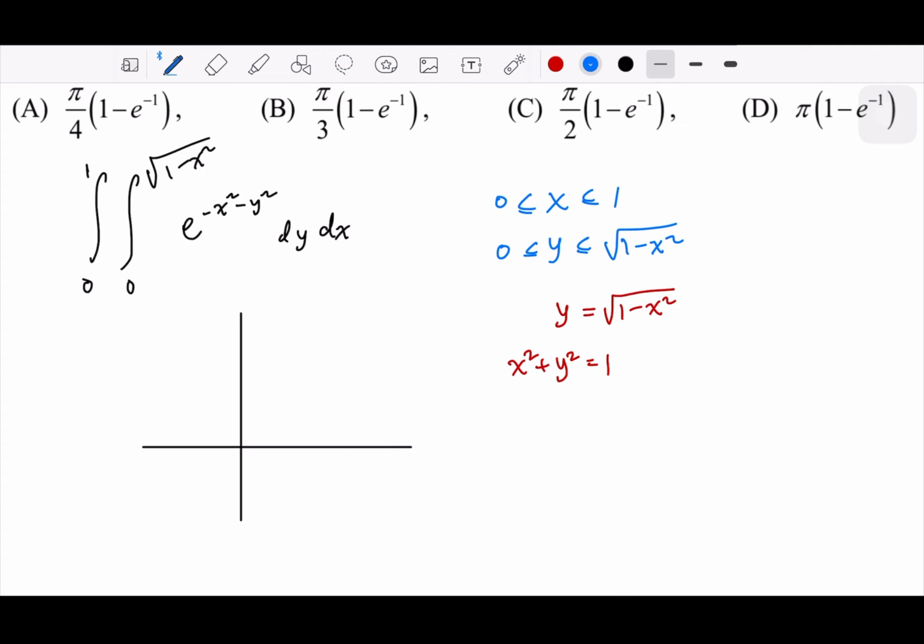Let's say this is a circle, and then we could say that it starts from 0 to 1. Let's say 1 is here.